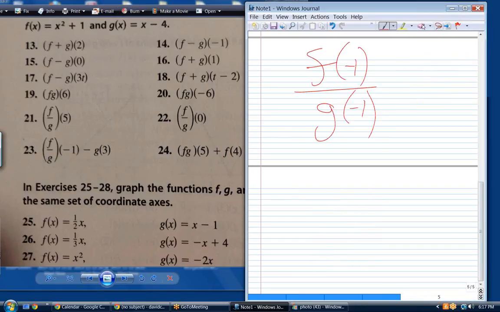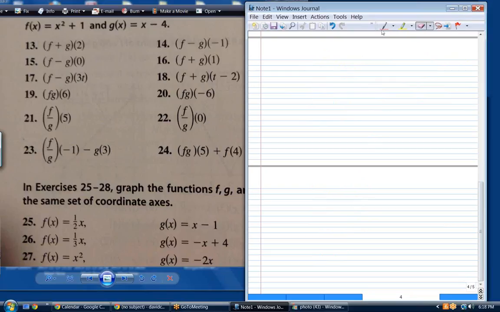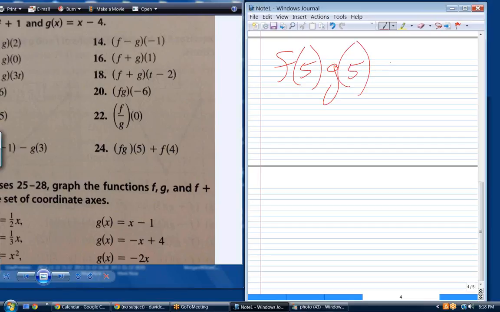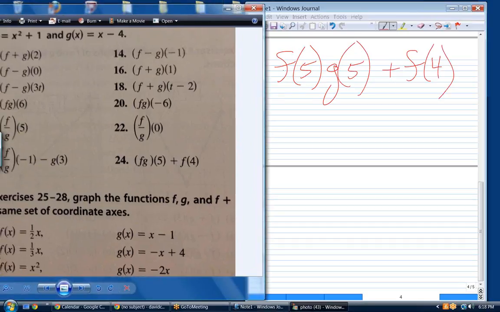Yeah. So just for practice, we do 24. Sure. So this is f of 5 times g of 5 plus f of 4. So you just plug in 5 for x squared plus 1, then x minus 4. So f of 5 is what?